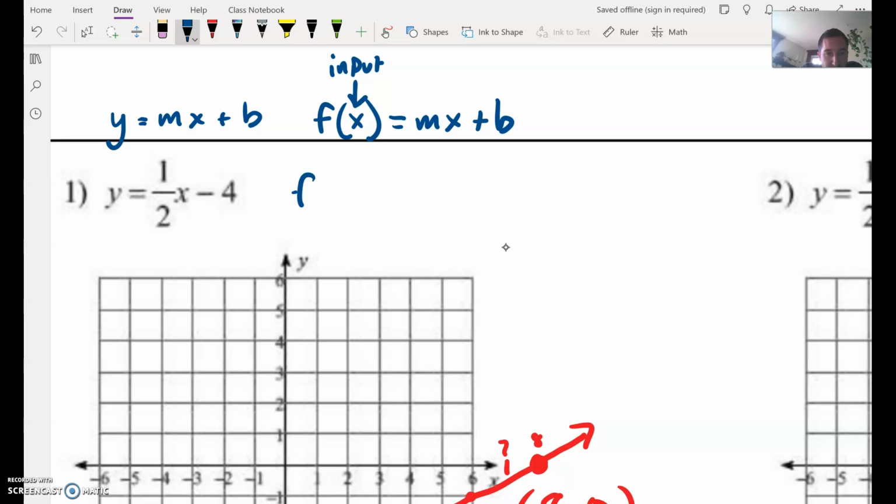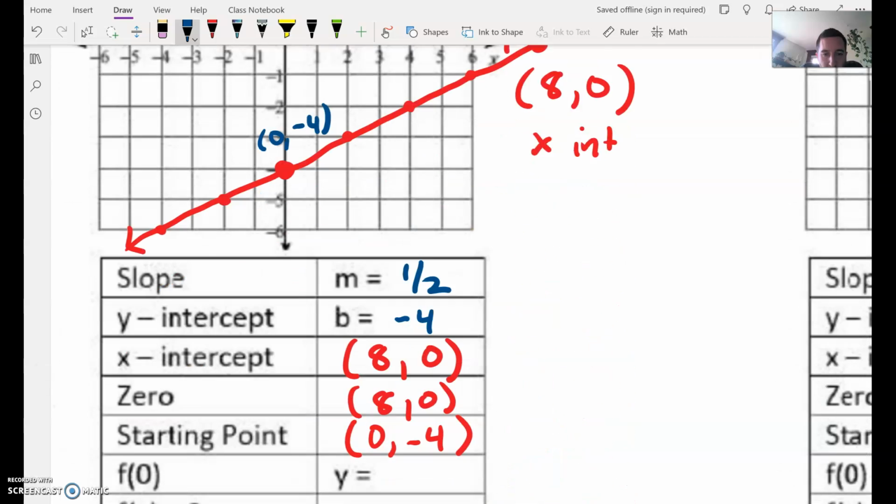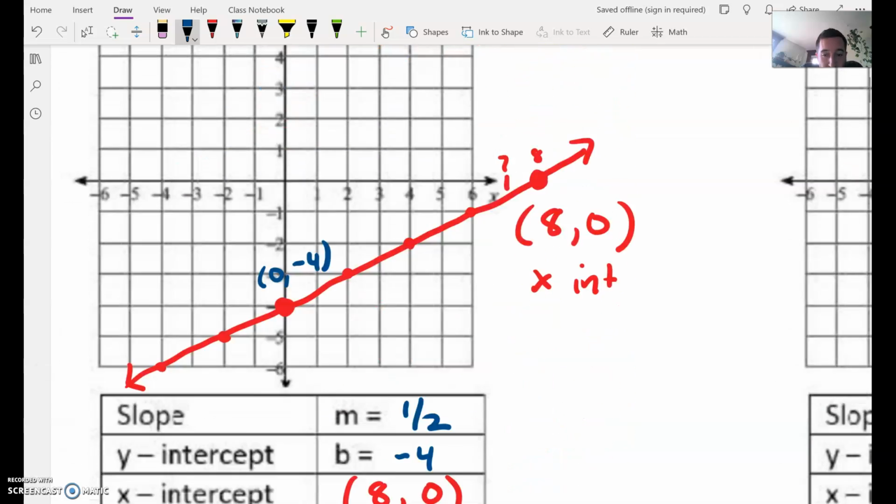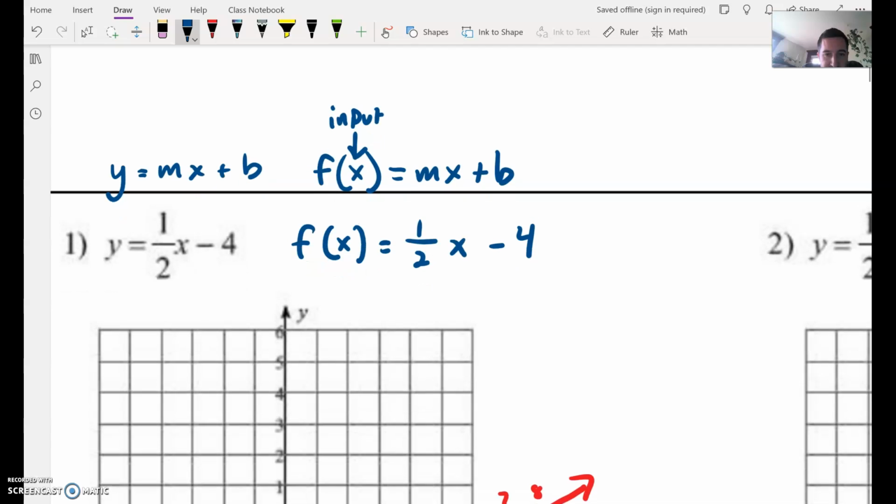For example, if we wrote this one, f of x equals, let's just use this over here, 1/2 x minus 4. If we use that, and they want us to find f of 0, instead of an x, I'm going to put in a 0.